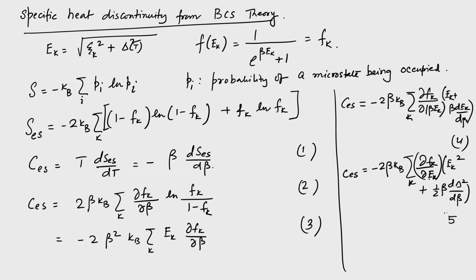So, this is equation 5. So, finally, we have got this equation, which is the expression for the specific heat due to electrons for the superconducting state. Of course, these are very involved expressions, and we need to derive them, and it will not take much effort to derive them. We will simply have to do it methodically.